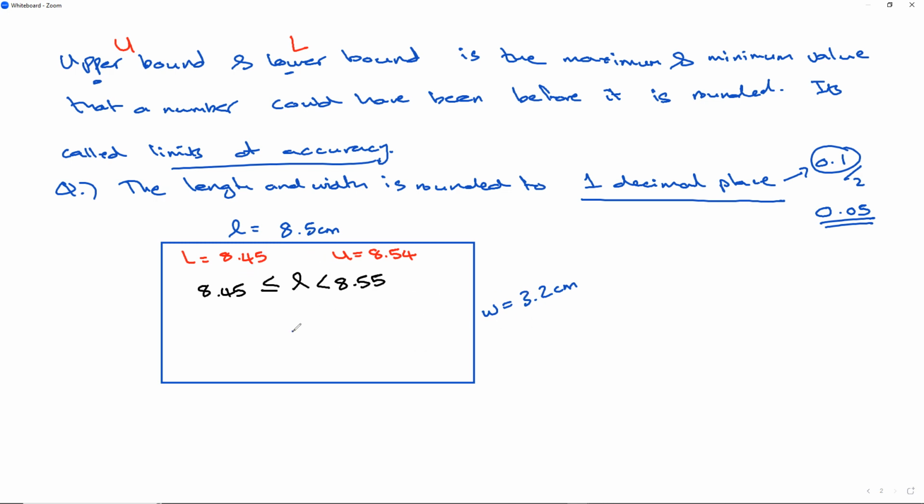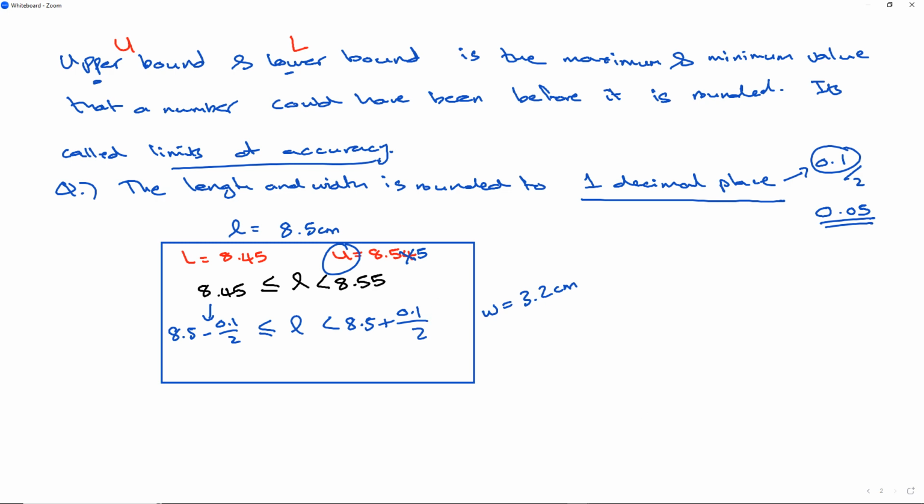So there's a method we could use where this number here is calculated by taking the original number and subtracting 0.1 divided by 2, which is that. And this one over here is 8.5 plus 0.1 divided by 2. So we could use a method of this, and we mustn't forget that this one over here is strictly excluded. So 8.5 plus 0.1 over 2 would be my upper bound, and that would be my lower bound over there. So the upper bound is technically not 8.54, it's 8.55 from this.